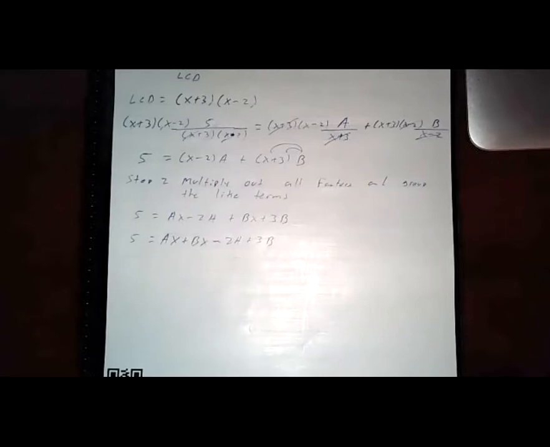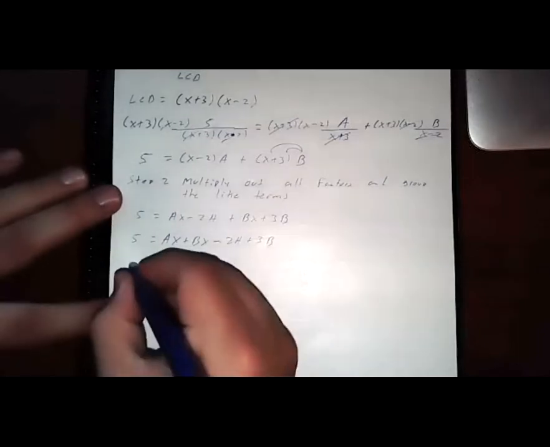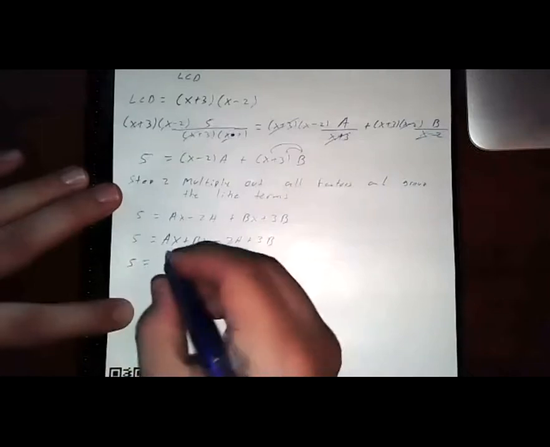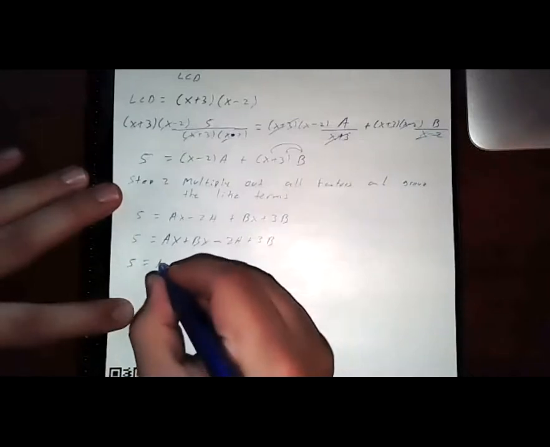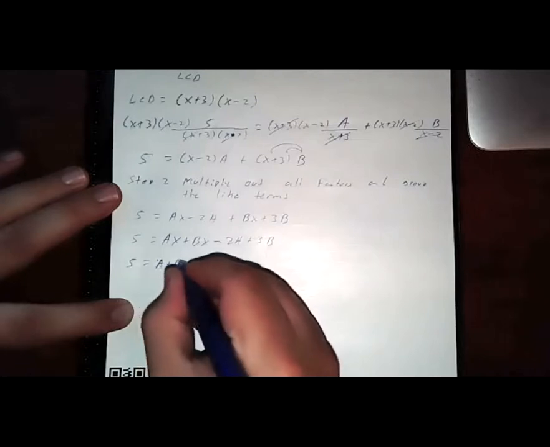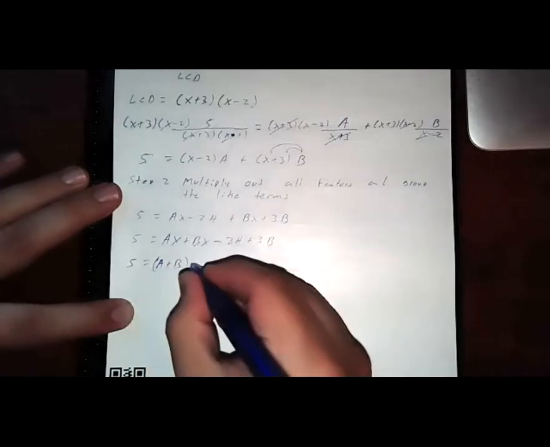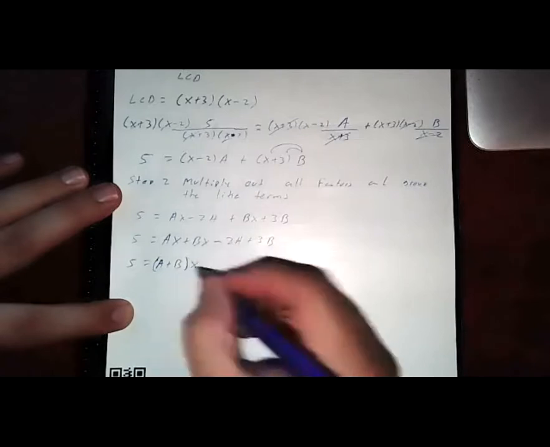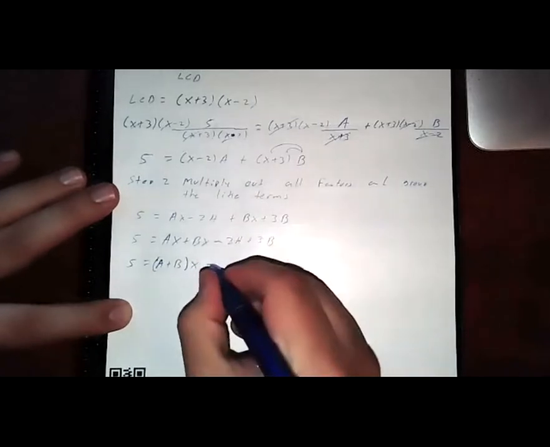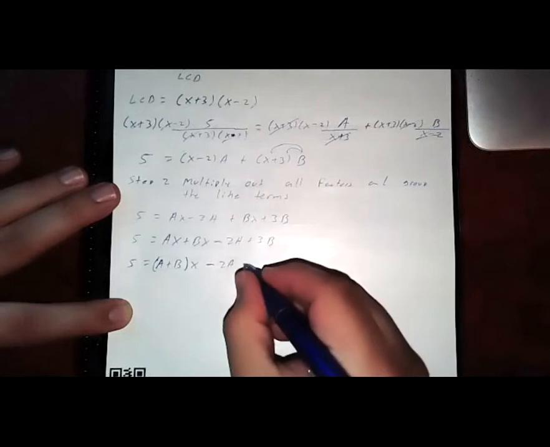Any step that's weird or confusing, please let me know. Okay. All right, so let's factor out the x so I can show you how this works. a plus b, factor out an x. I'm factoring it on the right, which is a little weird, but I think it'll help you see something.